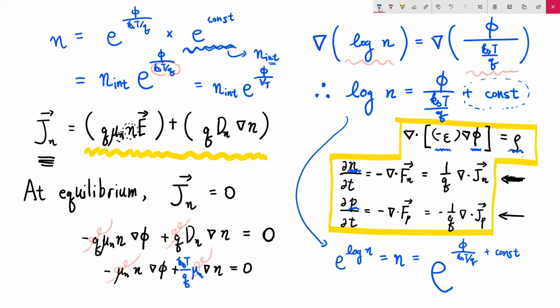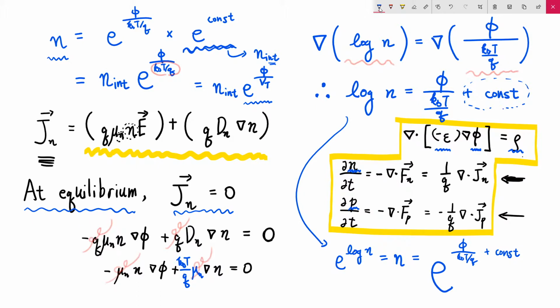That will be the relation which can be directly derived from the equilibrium condition. What we have done is just to assert that J sub n should vanish everywhere. If we assert that condition, then quite naturally we get a solution like this: the electron density should be exponentially dependent on the electrostatic potential.